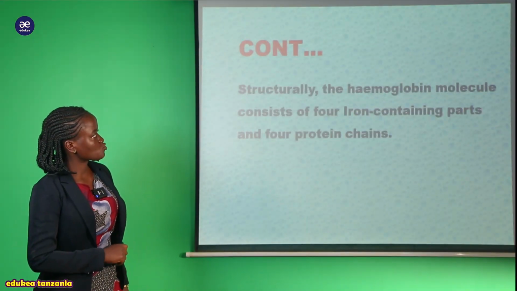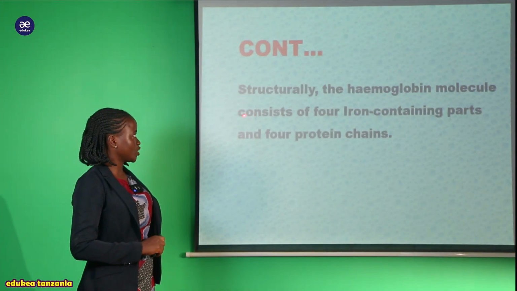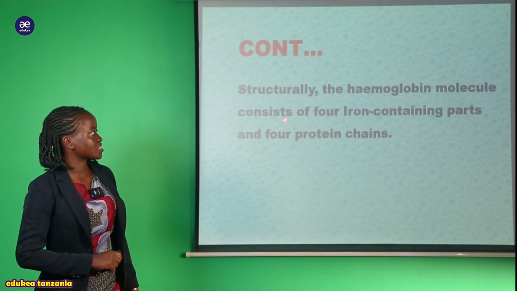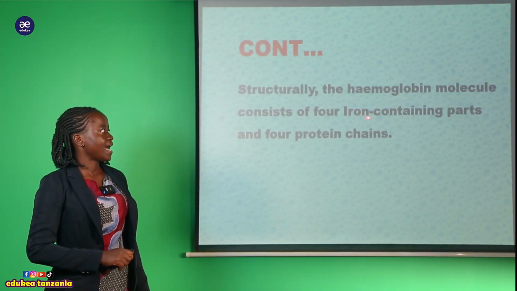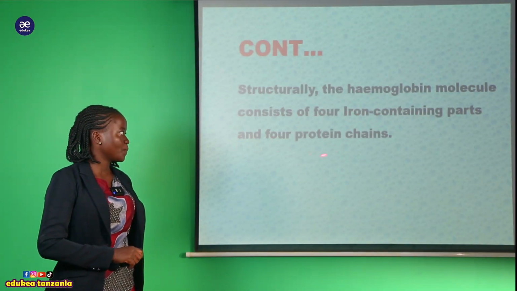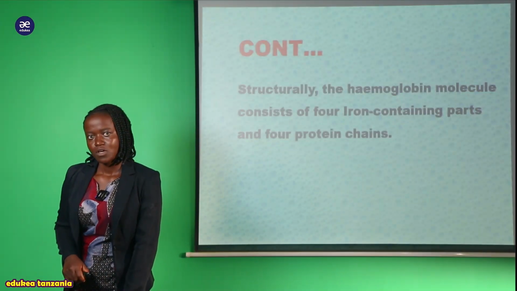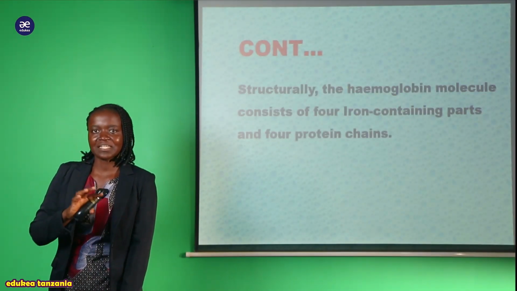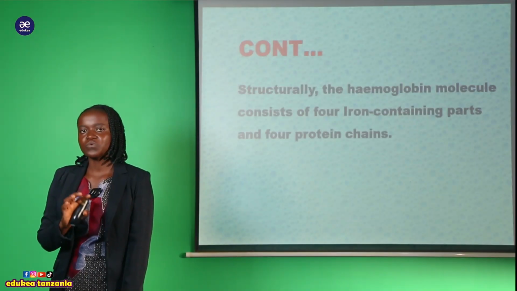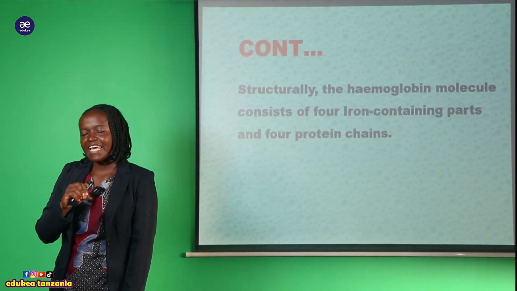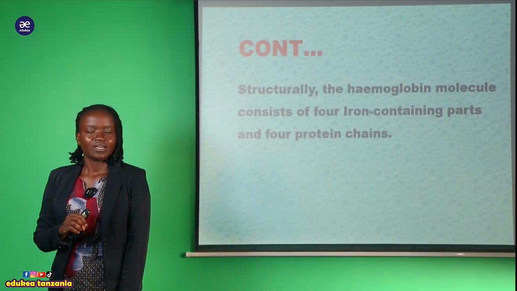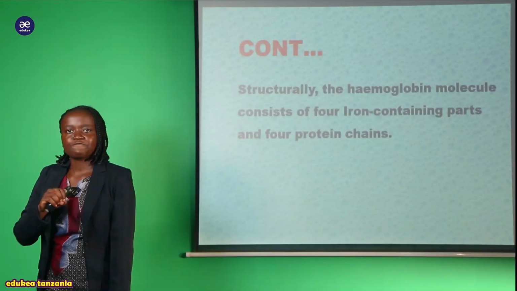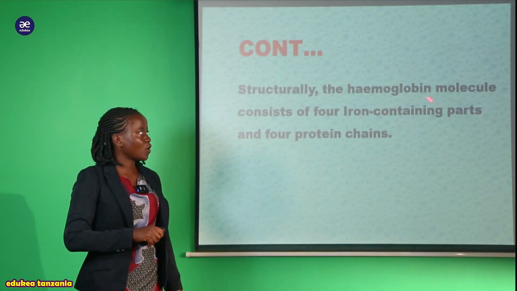Now we can say that structurally the hemoglobin molecule consists of 4 iron-containing parts and 4 protein chains. So if you look at the structure of hemoglobin, which we said is found inside the red blood cell, we say that the hemoglobin is made of 4 iron compounds.